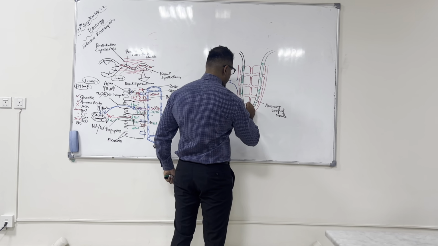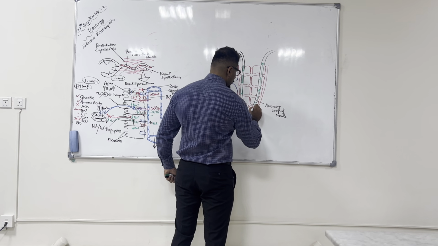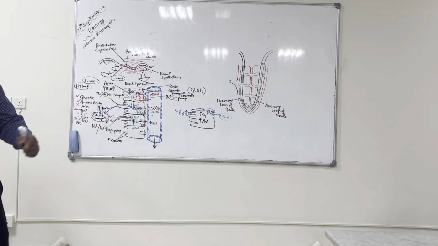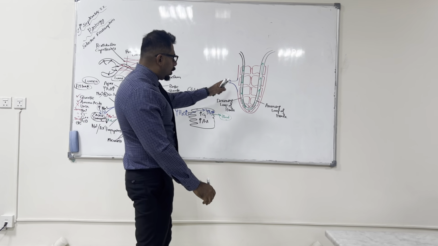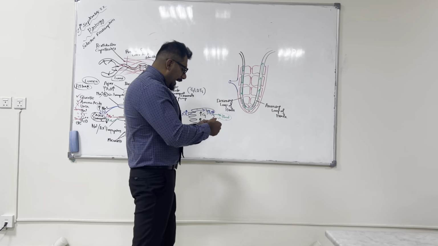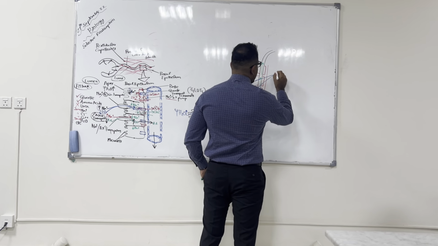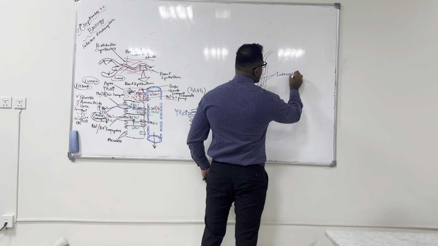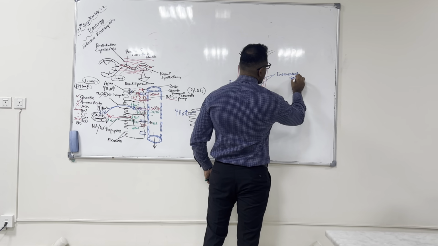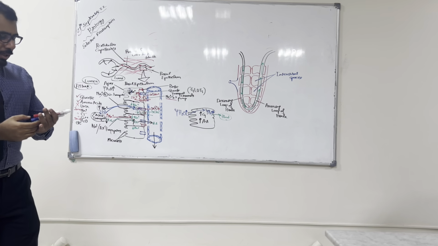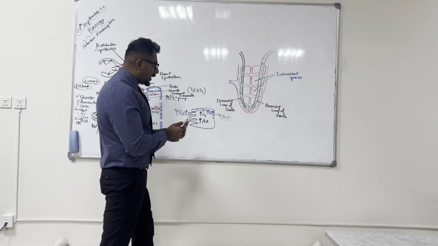If you remember, I have taught you that these vertical and horizontal capillaries are called Vasa recta. And these gaps over here are called interstitial spaces. Right?